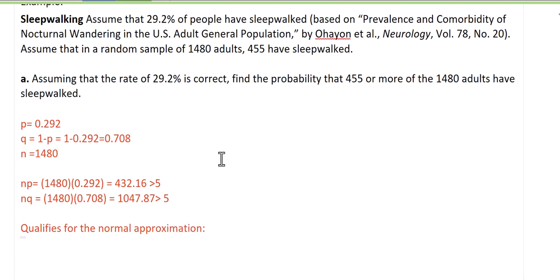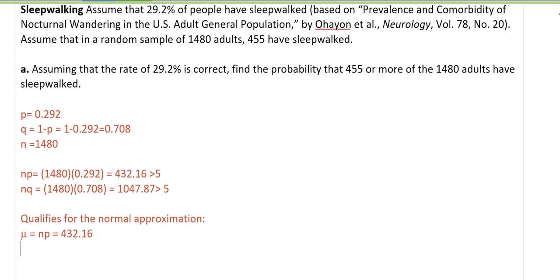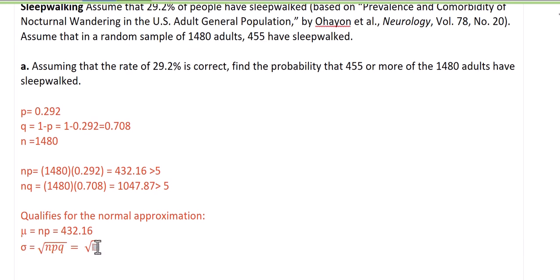And so that means that the mean is going to be NP, which we already found up there, 432.16, and the standard deviation is the square root of NPQ. N is 1480, P is the 0.292, or probability of success, and Q is 1 minus P, so 0.708.